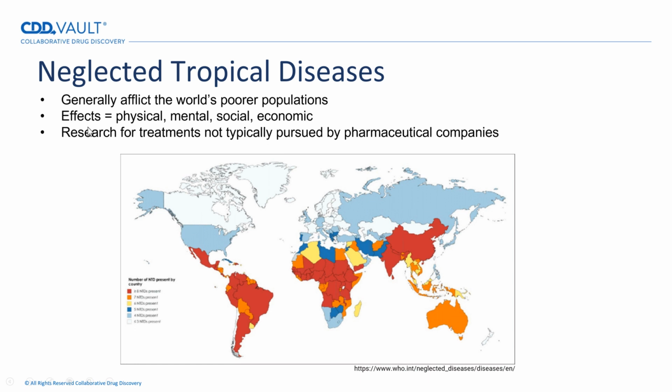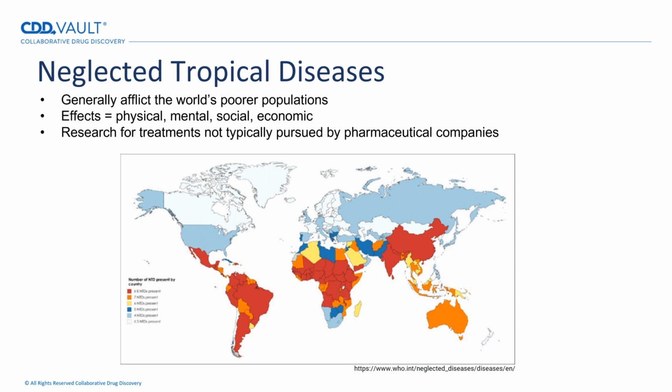So basically, neglected tropical diseases are diseases that generally afflict the world's poorest populations. And while the diseases affect people's physical health, they also affect their mental health, as well as create social stigmas and further economic burden on these populations of people who are afflicted with these diseases.